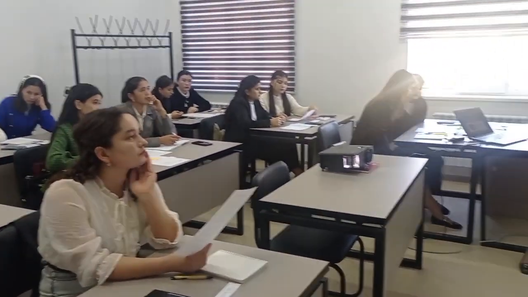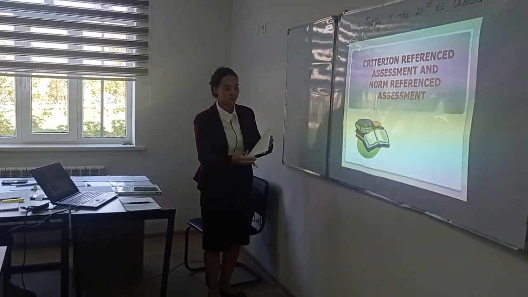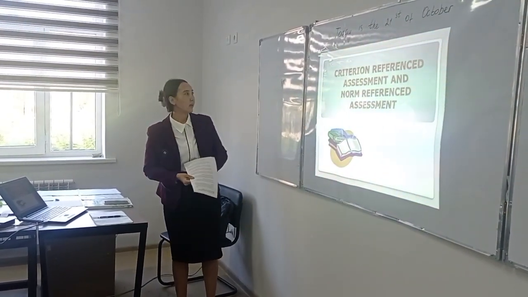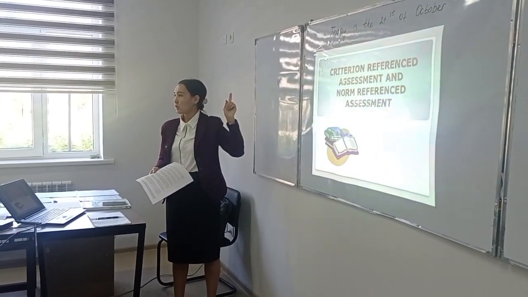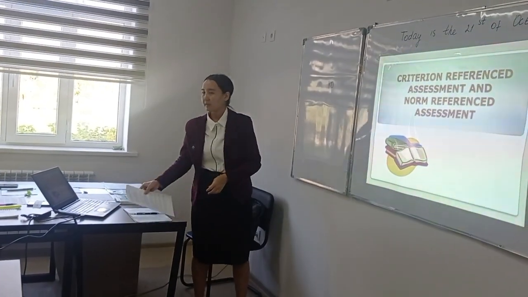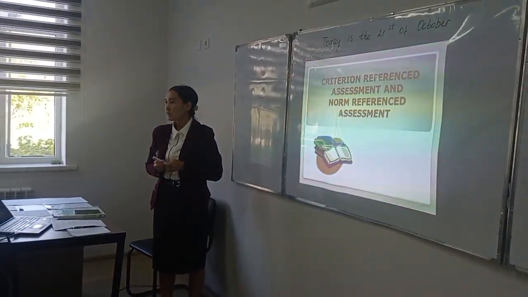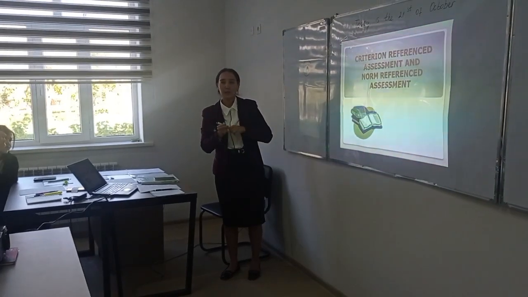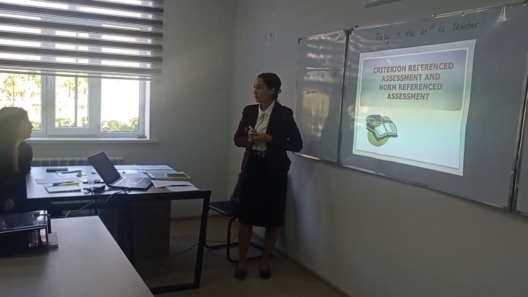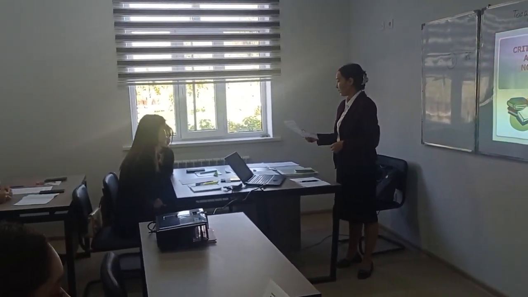A student, in order to pass the subject math, should get at least 80% from 100. In this case, the student may pass successfully. Here a standard is given, and we are measuring the learner's performance against the predetermined standard. And the student gets 85. It means criterion reference assessment, according to the standard.